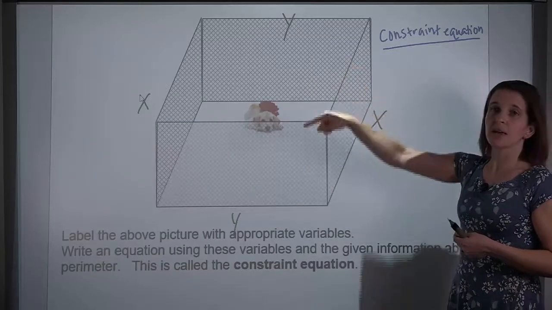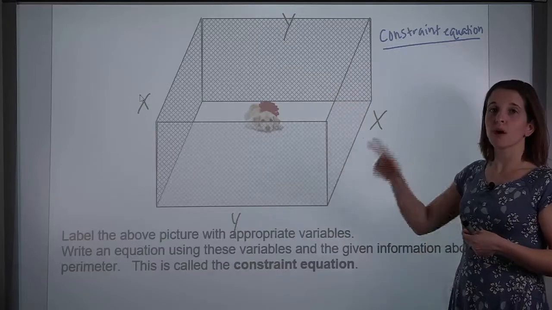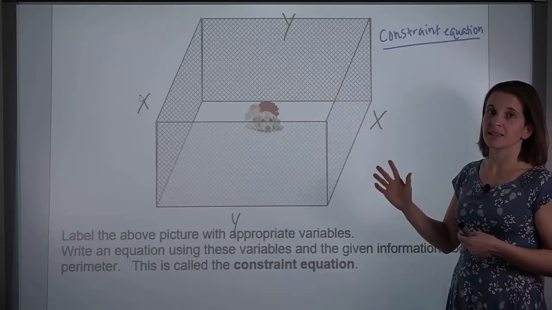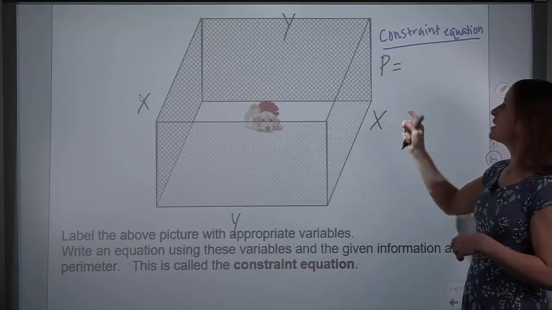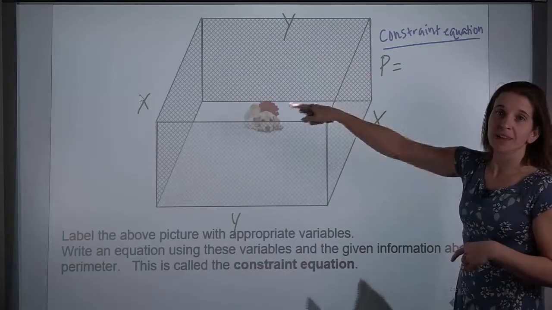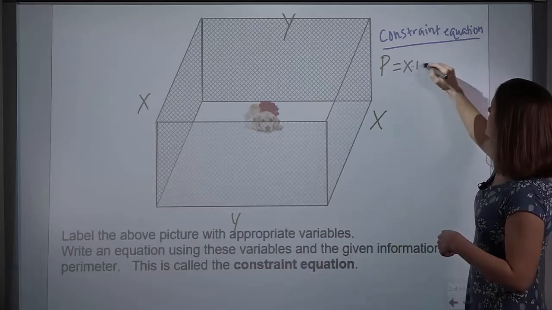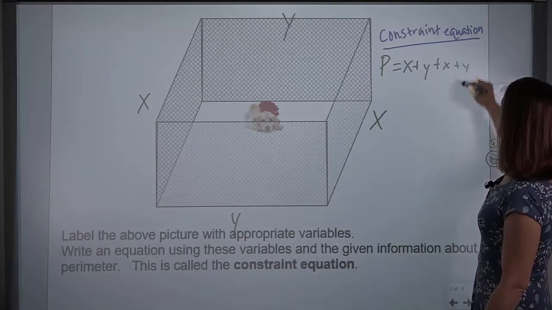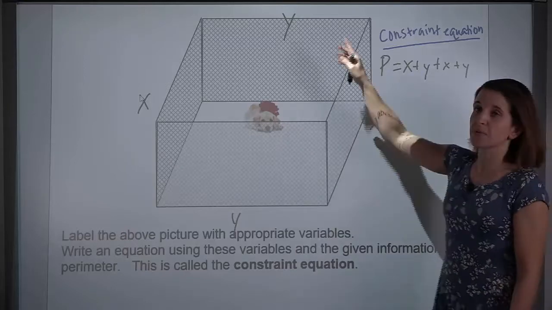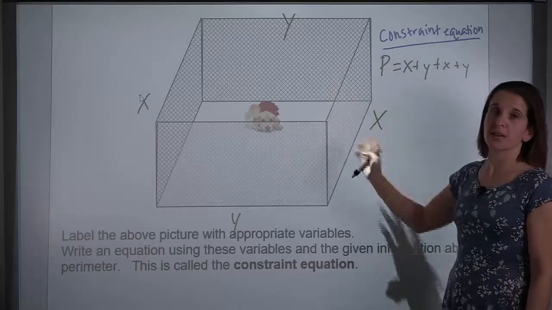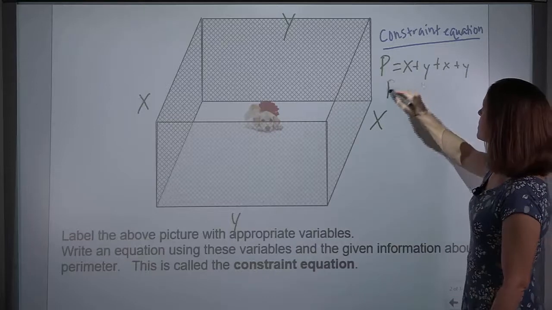So we need to think about that. Perimeter is what you get as you add the lengths of the sides when you walk around the object, in this case the fence. So the perimeter is x plus y plus x plus y. Or in other words, you might have already known this, 2x plus 2y, right? We have two x sides and we have two y sides, and we need to add them all together.